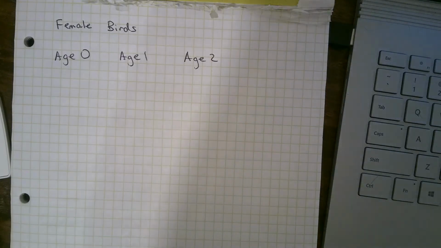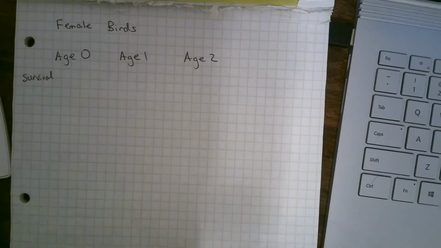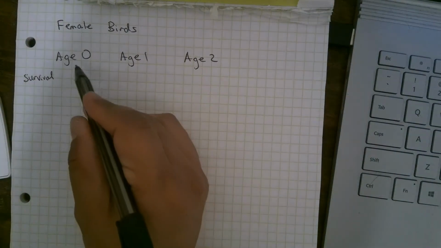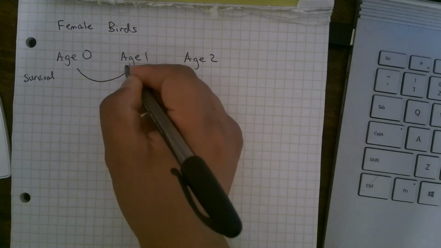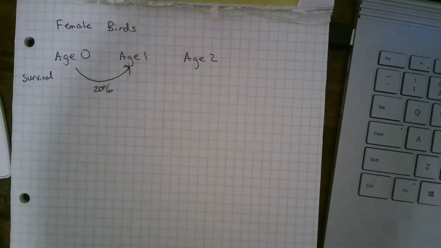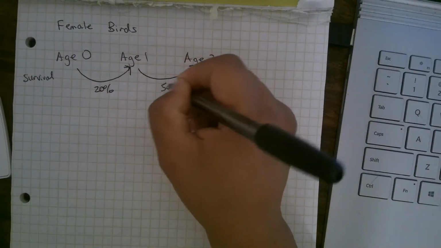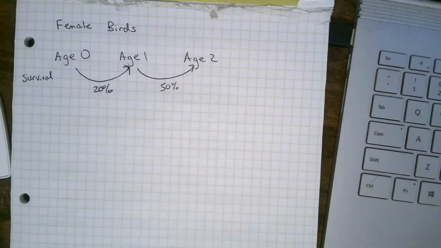And we look at the survival rates. So to survive from age 0 to age 1 is pretty difficult. There's a 20% survival rate there. And then to survive from age 1 to age 2 is a little bit easier. Still pretty brutal, 50% survival rate.